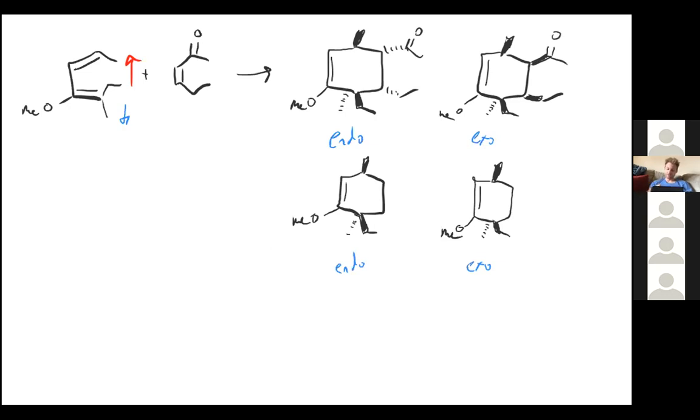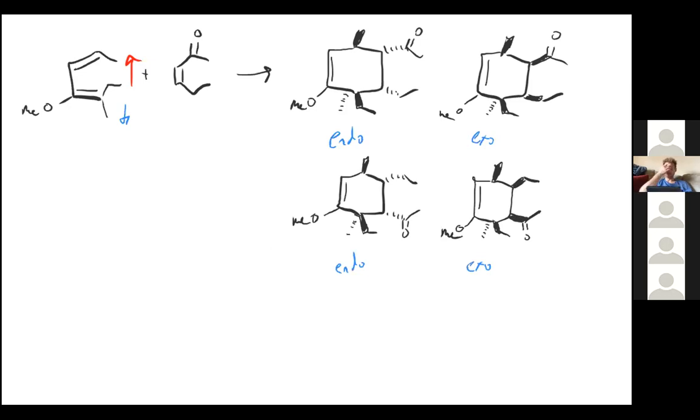And then for our other one, we're just flipping it over. So our ketone on the bottom going away, ketone on the bottom going towards us. Okay. So that is our four products here.